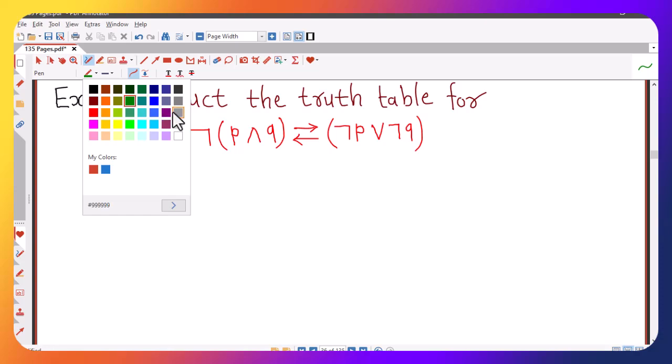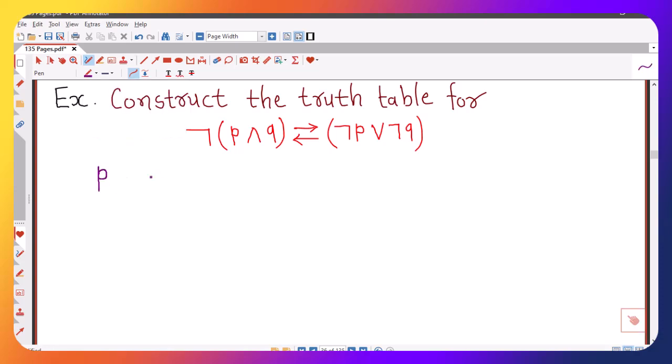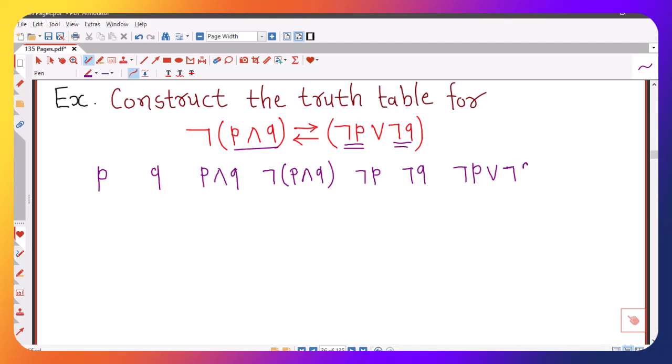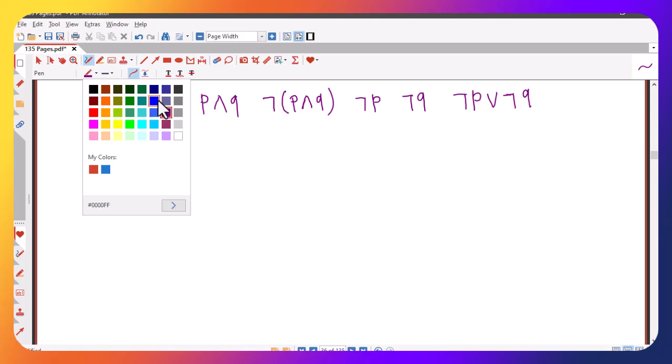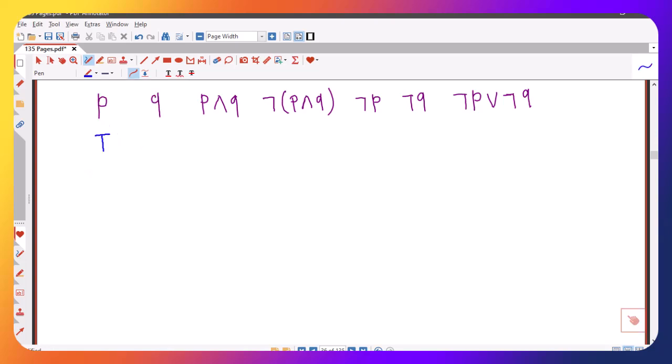So here first we will require statement P, then statement Q, then we will require P and Q. After that, we require negations of P and Q. So here I write negation P, negation Q, and negation P or negation Q. Instead of saying negation P, we can also say not P, not Q, not P or not Q. Now we start by writing different possibilities for P and Q. For P we write true, true, false, false.